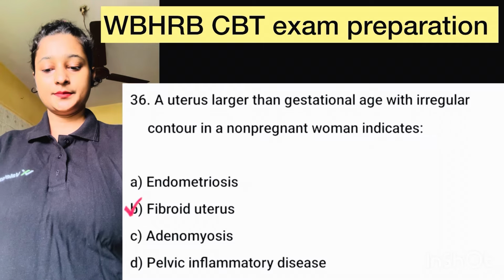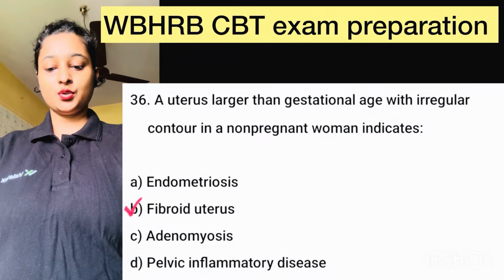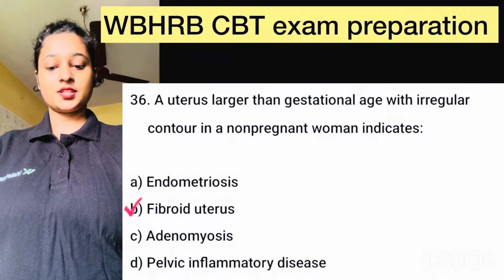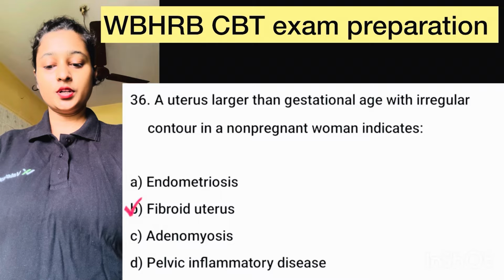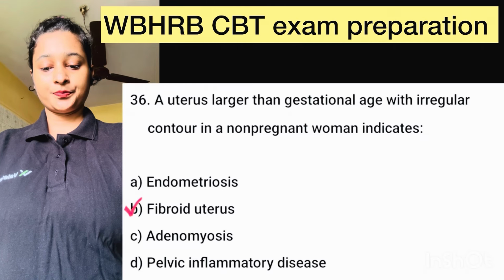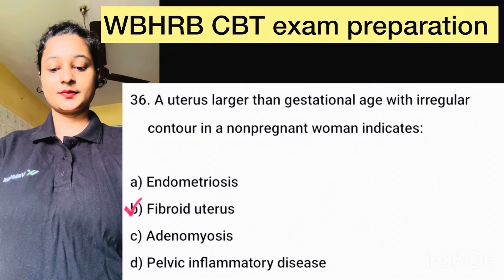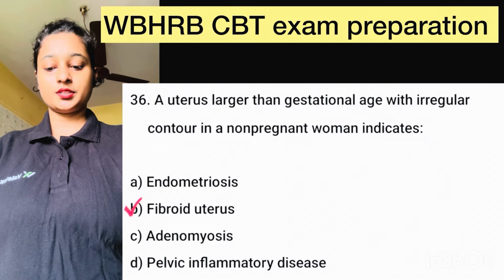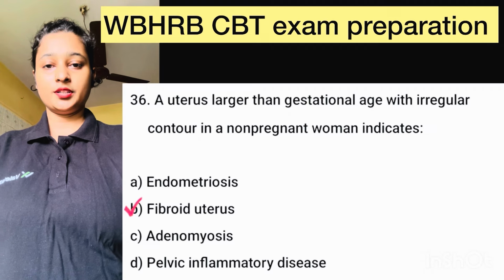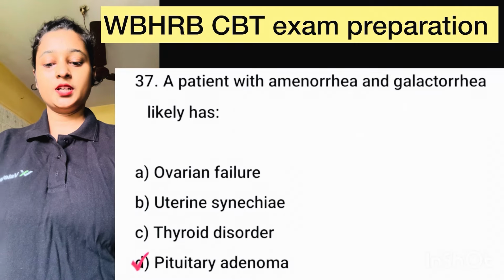Question number 36. A uterus larger than gestational age with irregular contour in a non-pregnant woman indicates. Here correct option is option B, fibroid uterus. Question number 37.